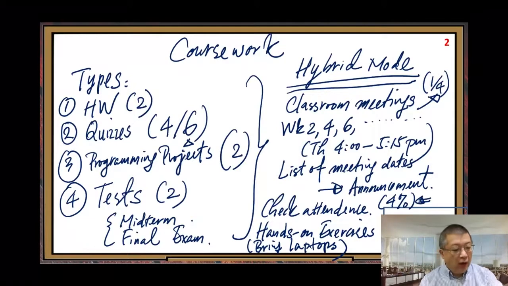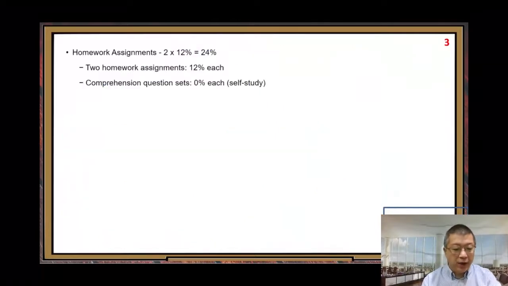Before I talk about the concrete coursework items 1, 2, 3, 4, starting from now I explain the specific items. The first one I want to explain is the homework part.